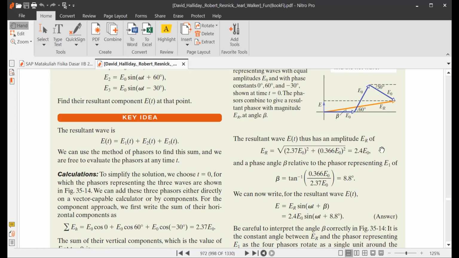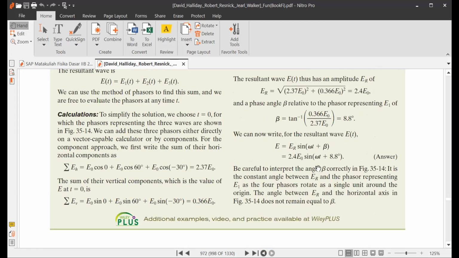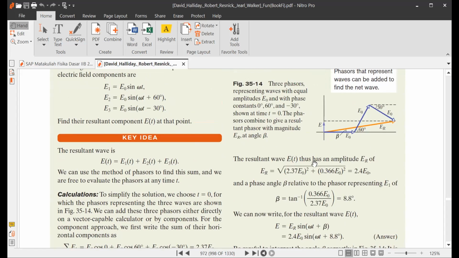And this beta here is the phase difference between this resultant and the first wave. So basically we have these 3 waves, and the resultant is like this. Is there any question for this sample problem?